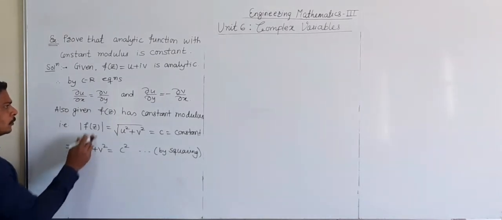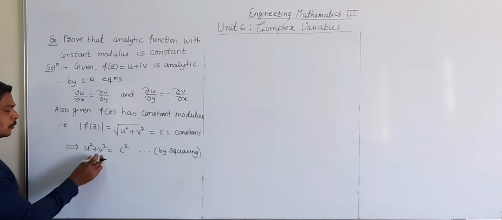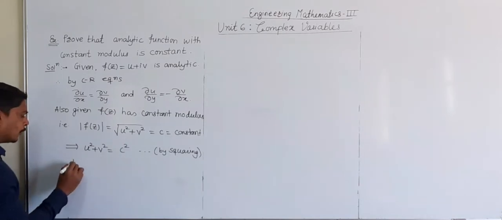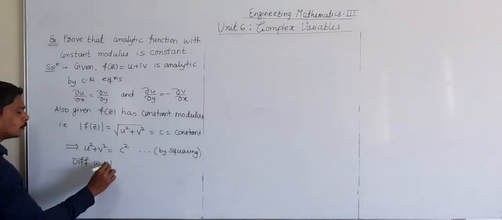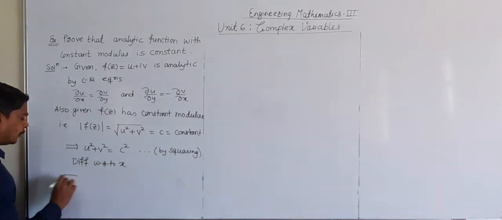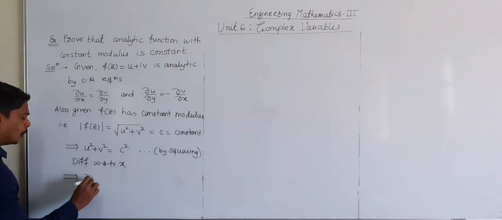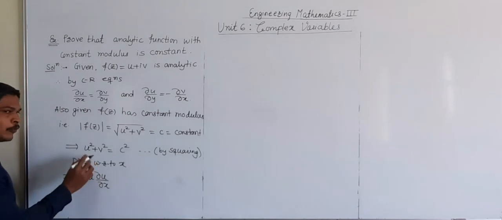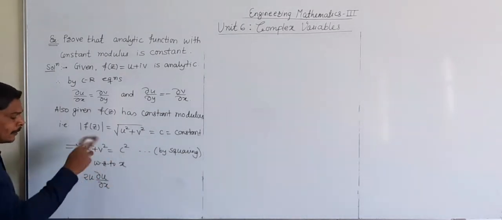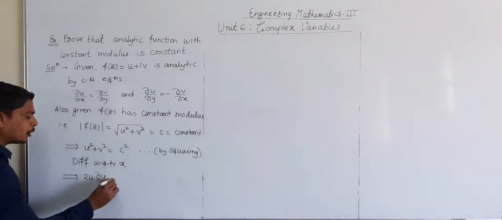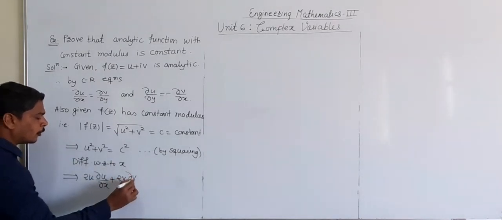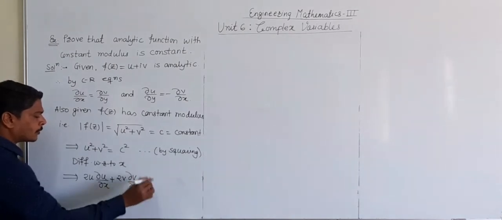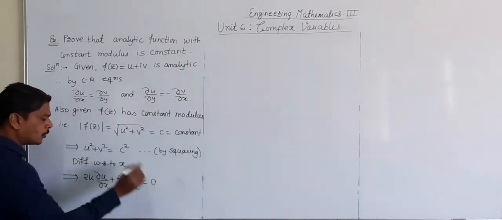Okay, so for applying the CR conditions to this equation, differentiate this with respect to x. We get derivative of u square is 2u into partial derivative of u with respect to x, because u is a function of both x and y. That's why we are taking partial derivative here, plus derivative of v square is 2v into partial derivative of v with respect to x, is equal to derivative of constant, which is 0.